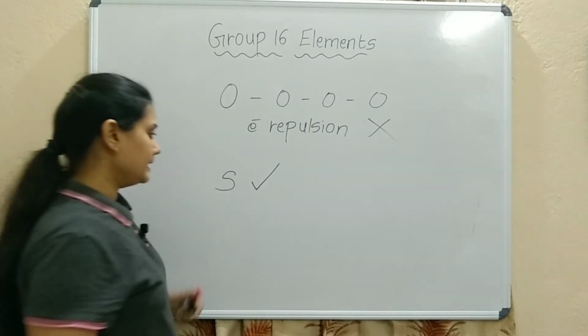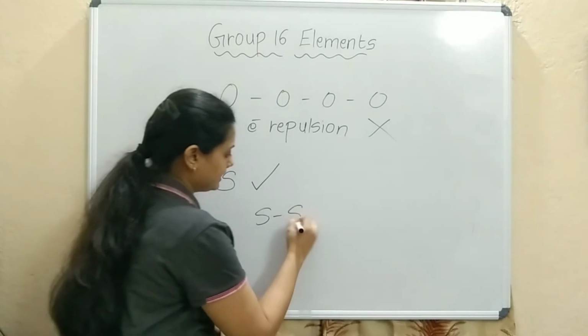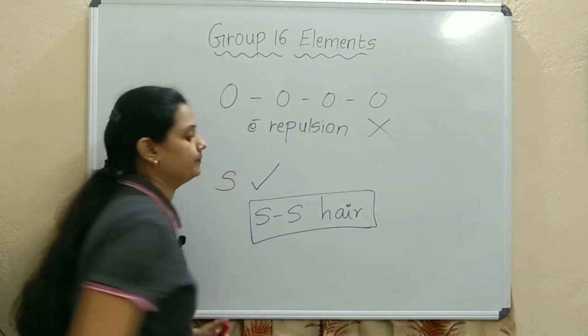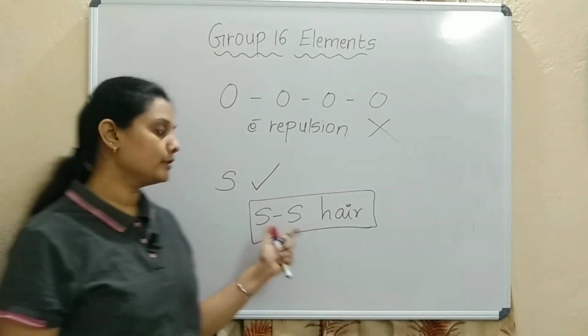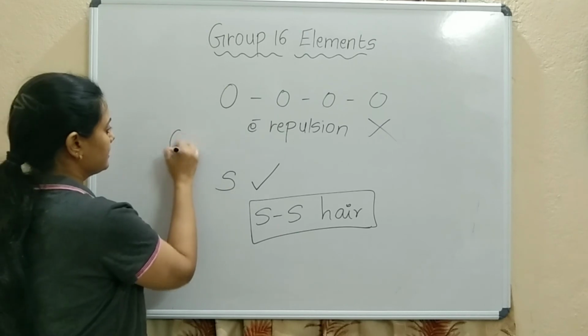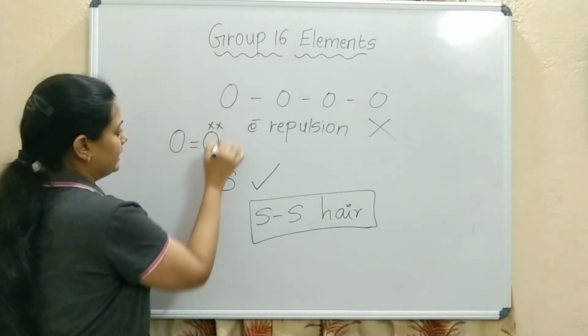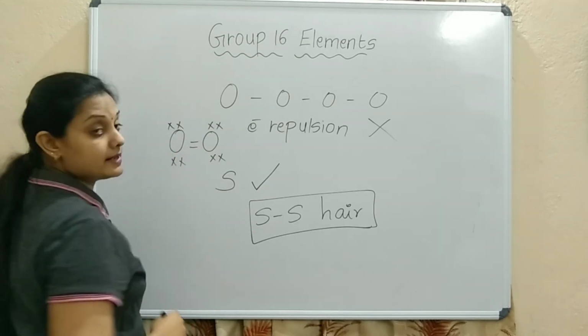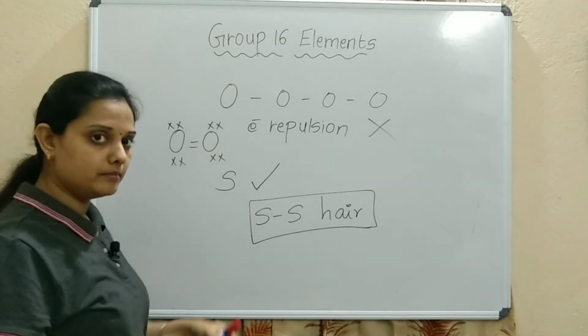Even we can see that S to S bonds are formed in hair. Oxygen to oxygen they cannot form because in O2 itself, if we take the example, see the electron pairs are there, which will repel from each other.